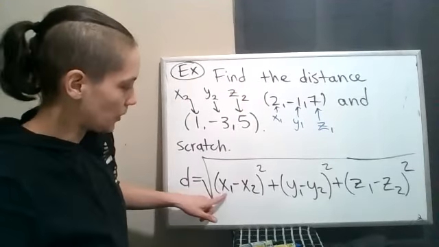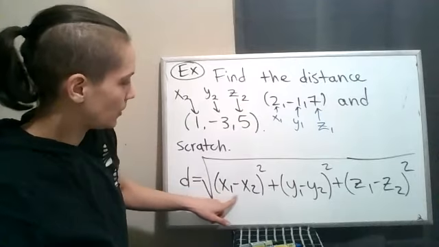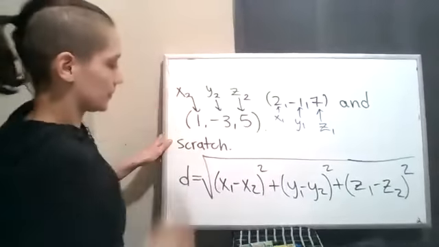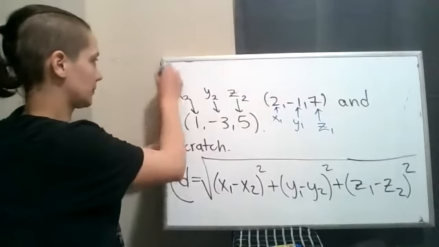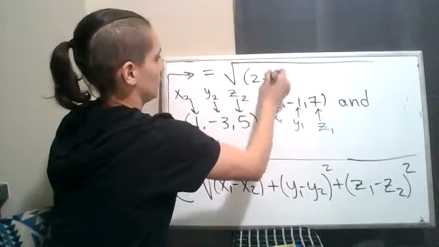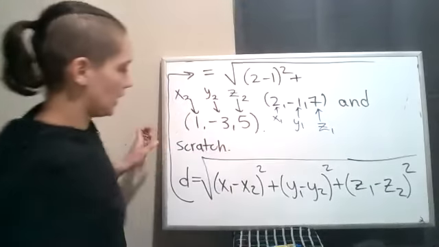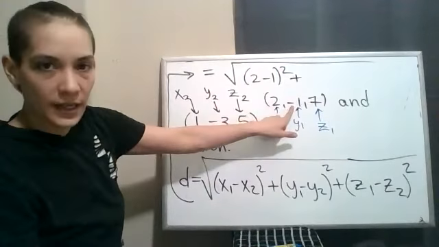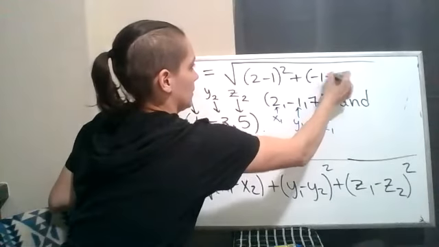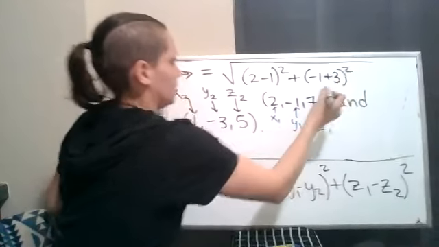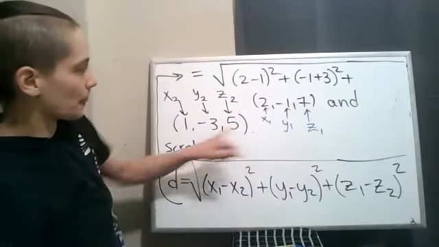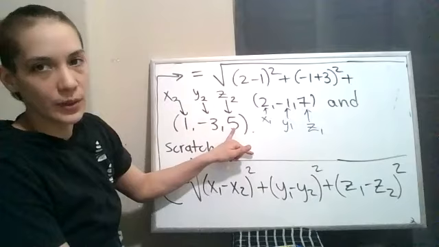Okay, so the root of 2 minus 1 squared, add negative 1 minus negative 3 squared, add 7 minus 5 squared.